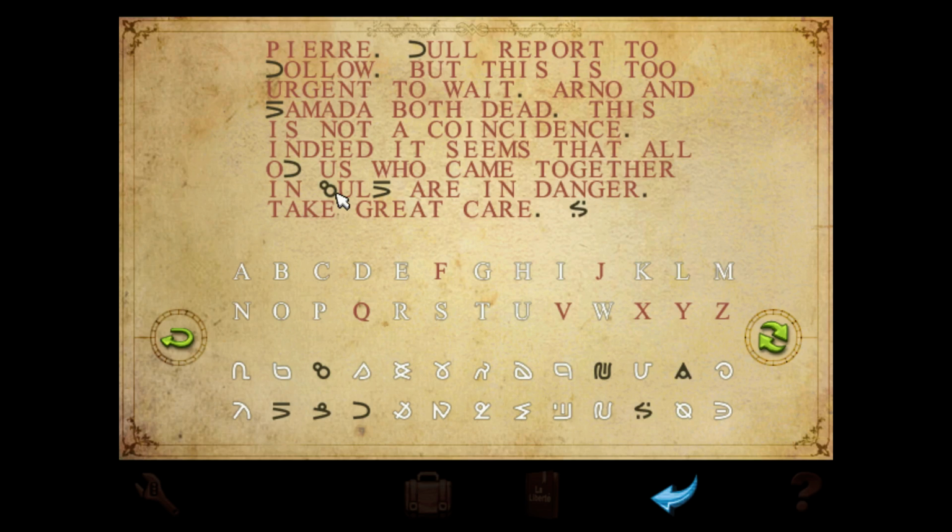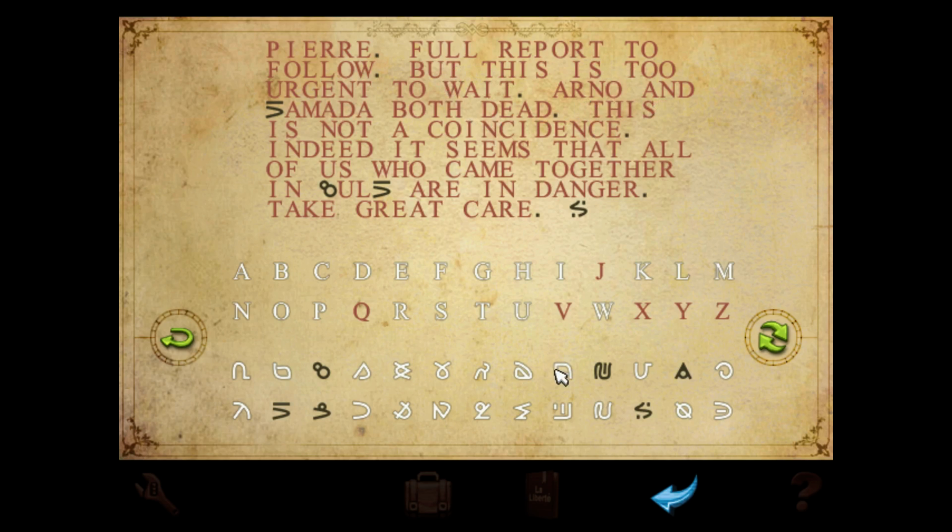Who came together in some city are in great danger. Take great care. So this is almost now just, let's see. Oh, full F there. Full report to follow. But this is too urgent to wait.